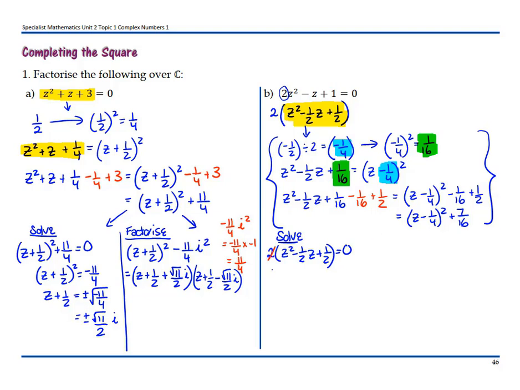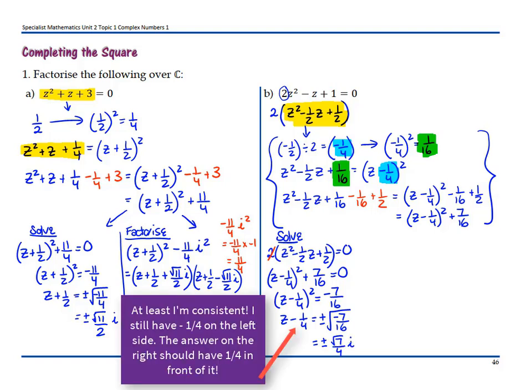So putting in what I've got, I had z minus a quarter all squared plus 7 over 16 equals 0. z minus a quarter all squared would be negative 7 over 16. So z minus a quarter would be plus or minus the square root of negative 7 over 16, which is plus or minus square root of 7 over 4i.